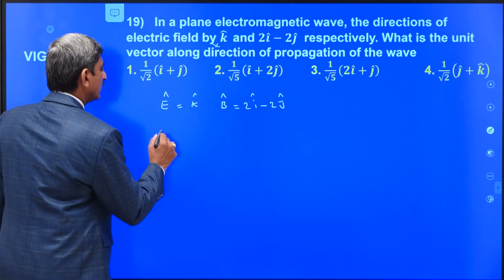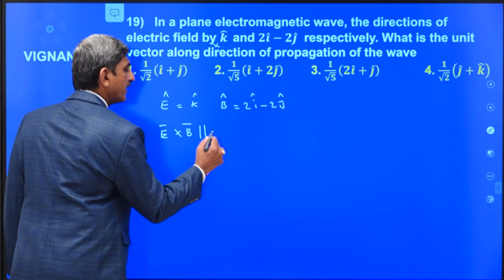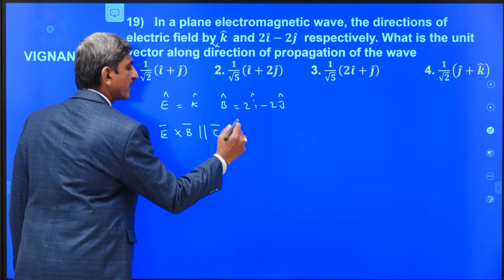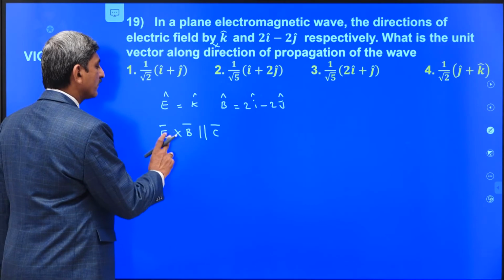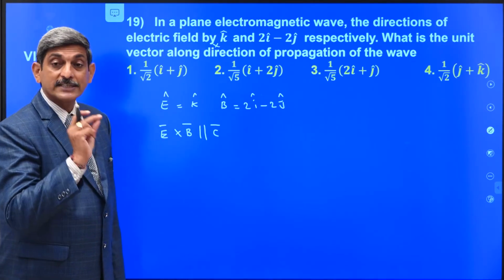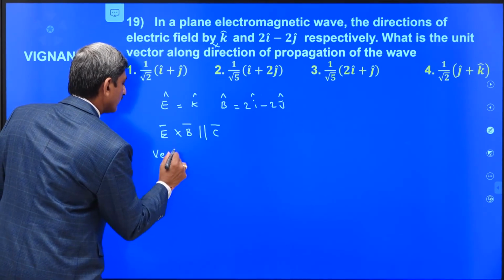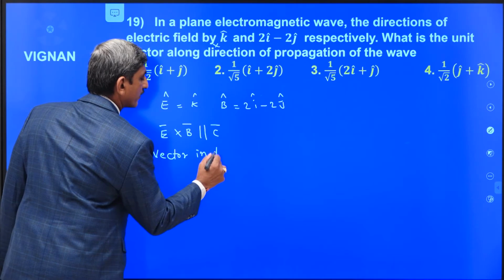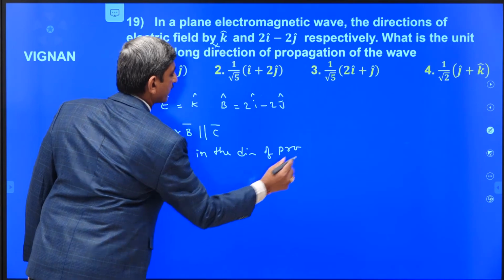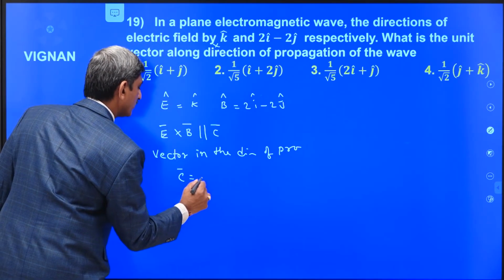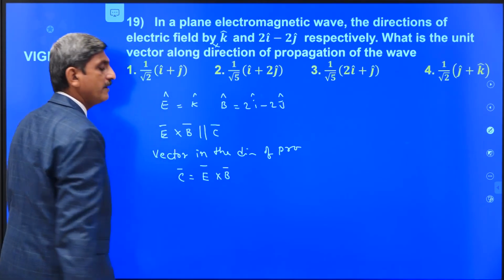We know that E bar cross B bar is always parallel to the direction of the propagation of the electromagnetic wave. That's why by taking the cross product of these two, we get the vector parallel to the propagation of the wave. So the vector in the direction of the propagation is given by C bar = E bar cross B bar.